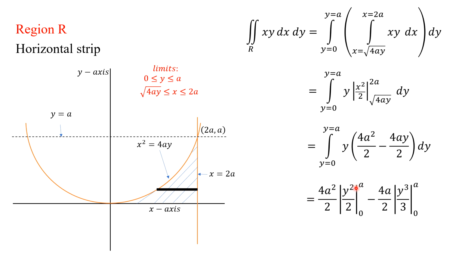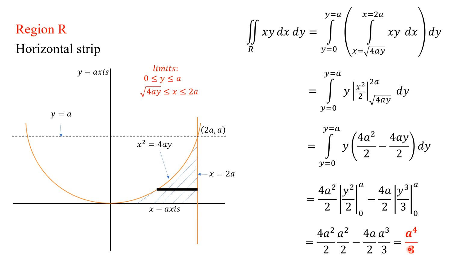So it is 4a square upon 2 into bracket y square by 2 within limits 0 to a, minus 4a upon 2 into y cube by 3 with limits 0 to a, which is 4a square into a square upon 4 minus 4a raised to 4 upon 6, which is equal to a raised to 4 by 3.